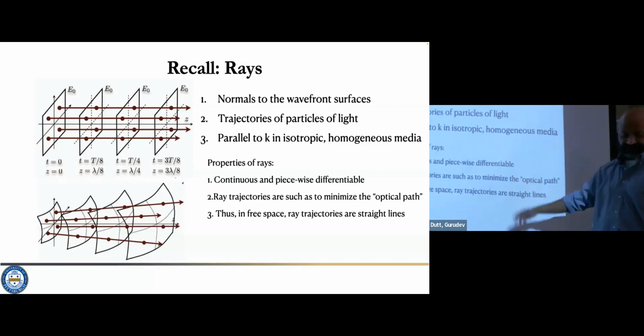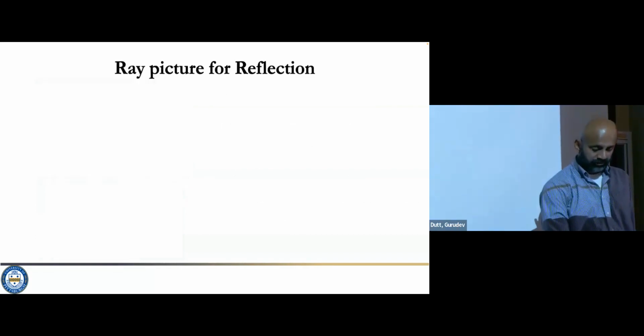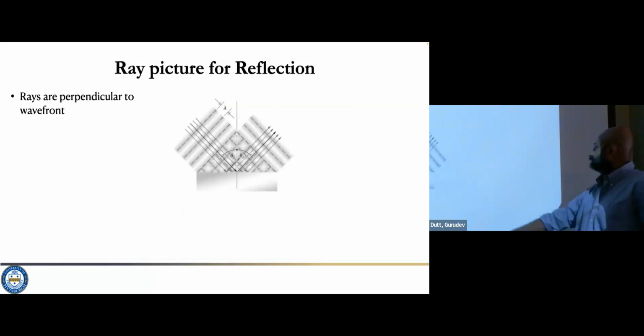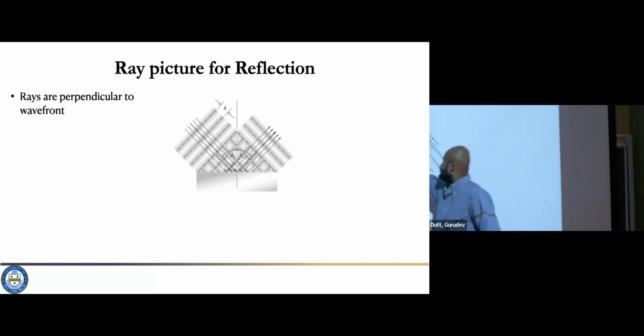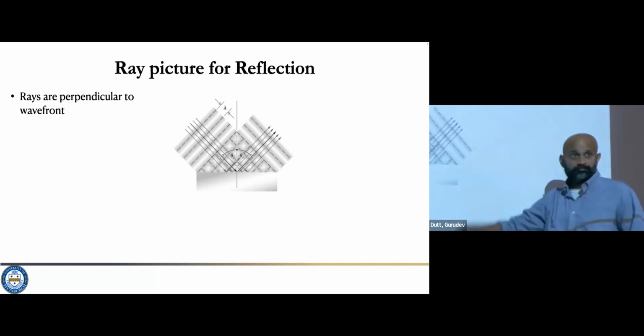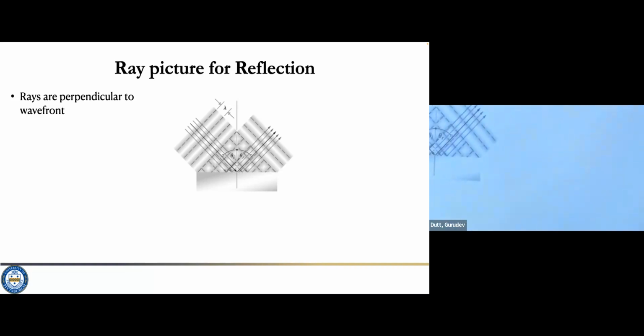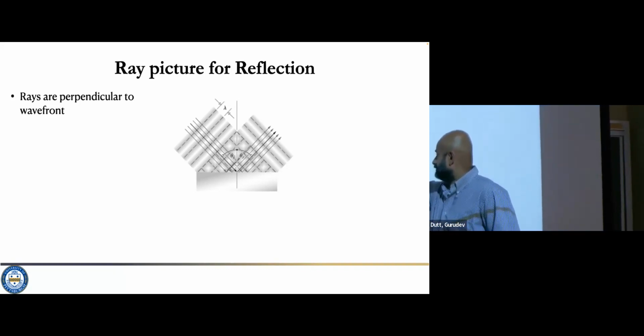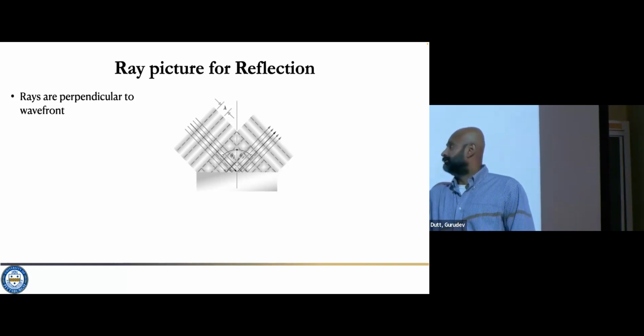Okay, here are some more properties that I laid out for you earlier. So if I were to now redraw our wavefronts and now draw the rays, here are the rays. They're normals to the wavefront, right? They're coming in, and then they're reflecting off this interface, and again they're normal to the reflected beam. So that's what is happening in the ray picture. And again, earlier we saw that the wavefronts have an angle theta with the surface, right?